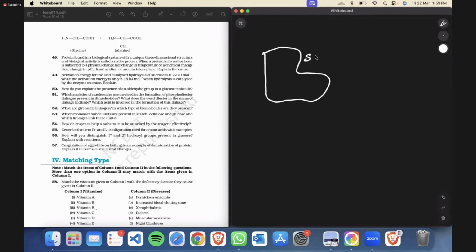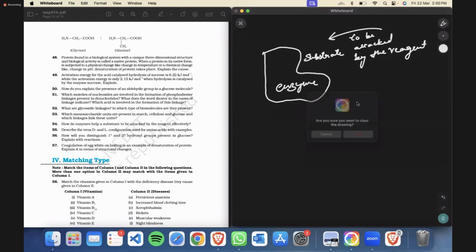So the substrate will be held over here to be attacked by what? By the reagent. So the function of the enzyme is to hold the substrate molecule in a suitable position to be attacked by the reagent, and this should be effective. All right, this is the function of an enzyme.